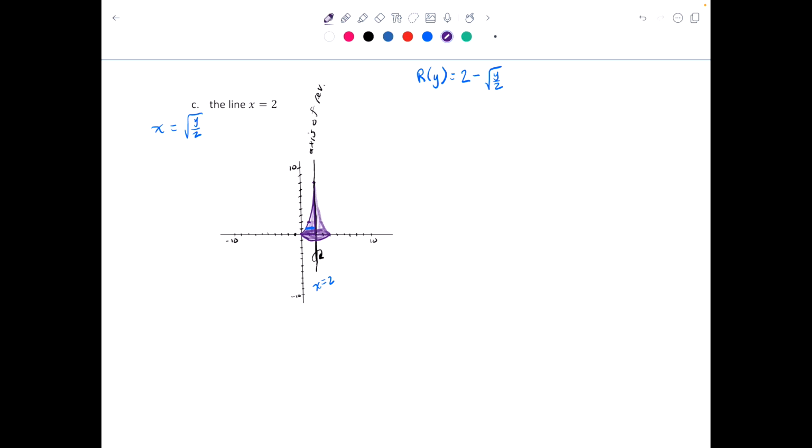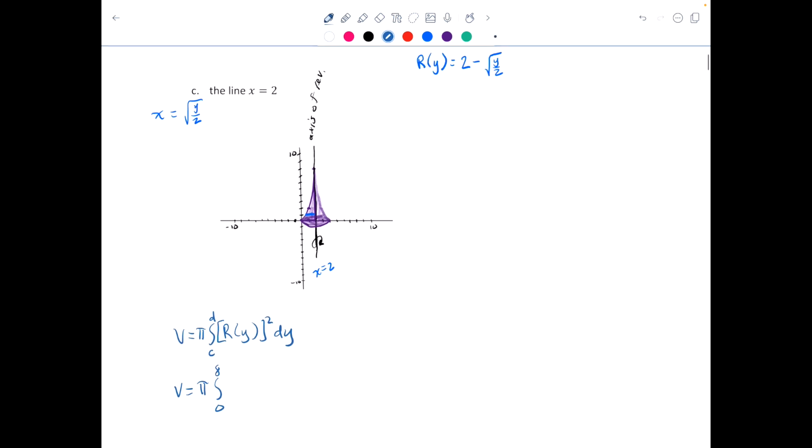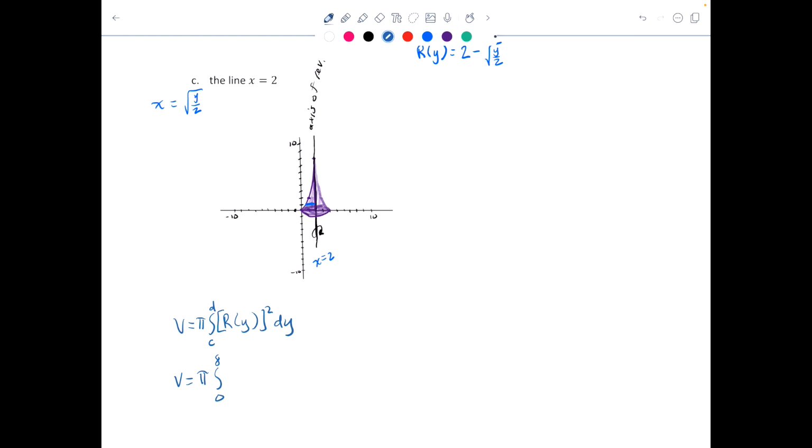All right, so now putting it together, this one takes a little algebra. The volume is pi times the integral from c to d of r at y, that whole thing squared, dy. So volume will be pi. Now y goes from 0 to 8. The r at y that we found was 2 minus the square root of y over 2. That whole thing is squared. So check your algebra.